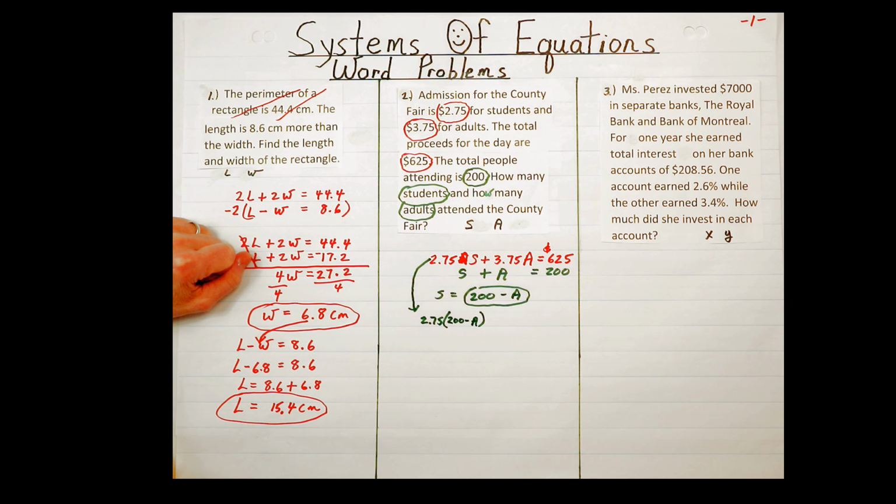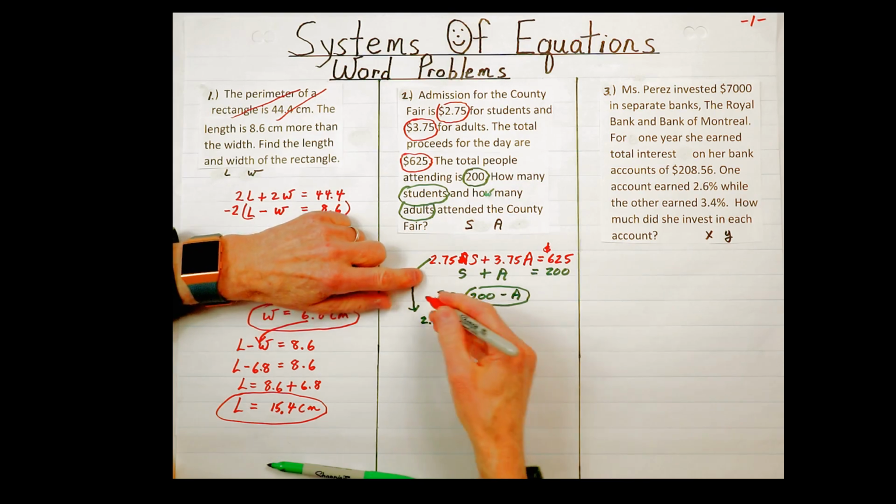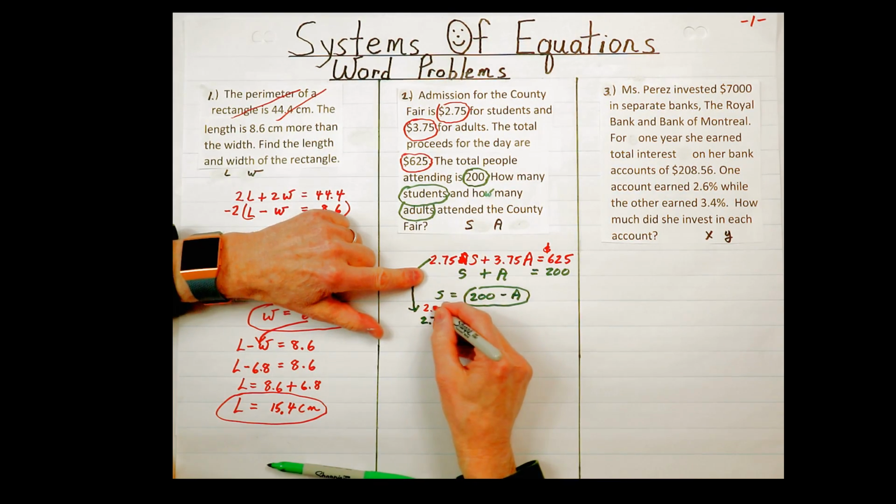Do you see what I'm doing? I'm replacing S with 200 minus A. Because up here it says S equals 200 minus A. And I guess I'll squeeze that equation in here just to make it a little bit easier for you.